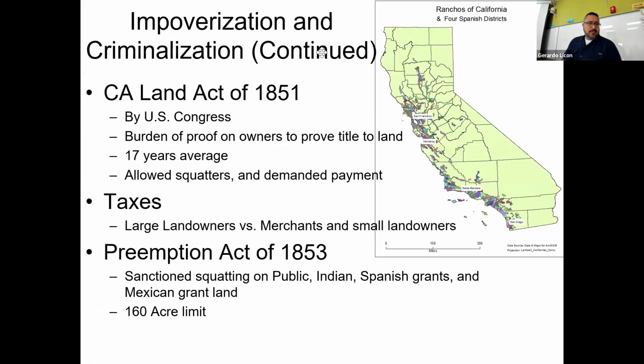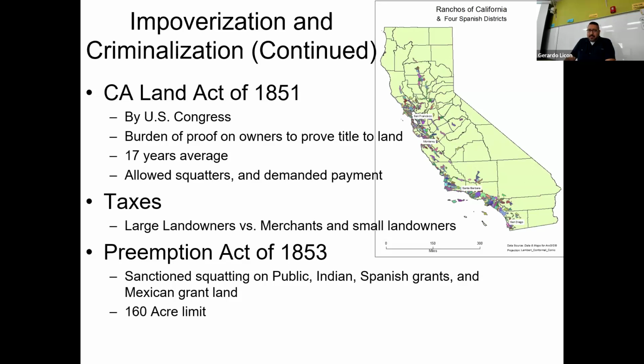All right, continuing with this impoverization and criminalization is the California Land Act of 1851. This was a law that said that Californios needed to prove that their land was theirs. The burden of proof was on them.